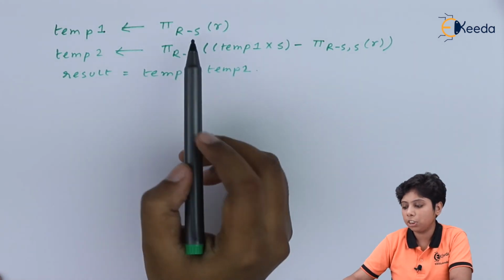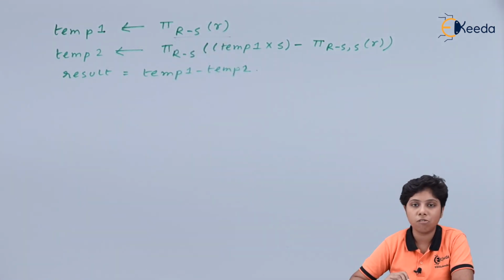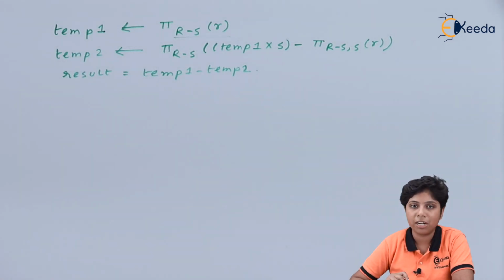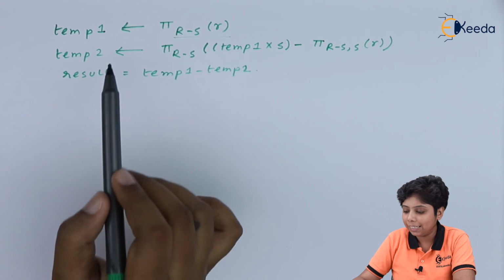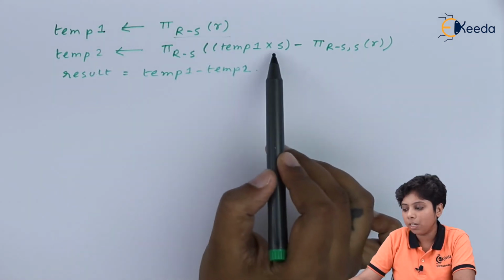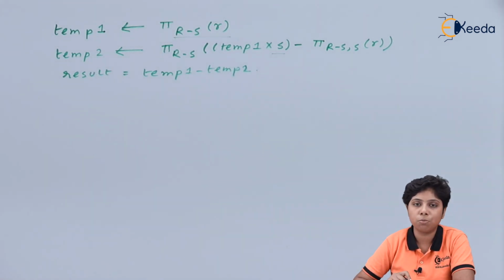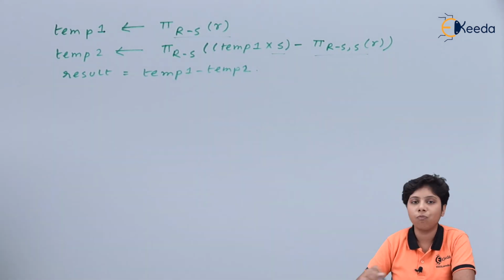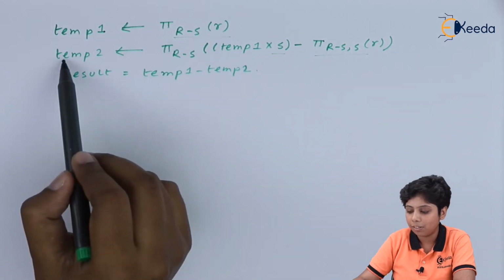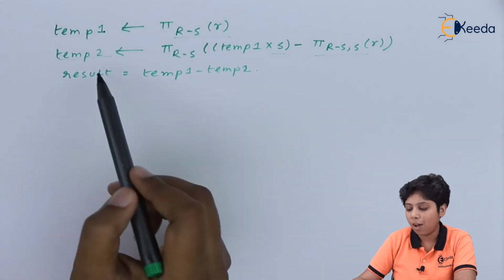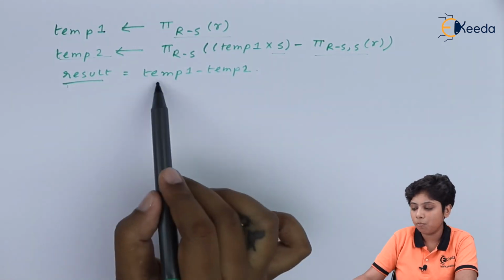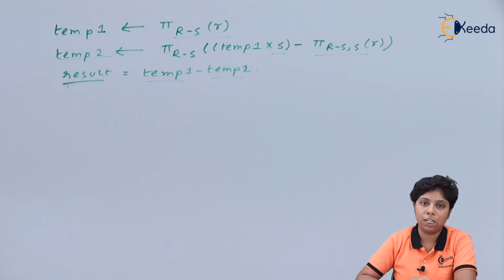So first, the projection operation of the set difference on relation R, we are performing and putting it into a temporary variable temp1, and then using that temp1 with the natural join and Cartesian product with the S relation, and then set differencing it with the common relation of R minus S and S, we are having the result temp2, and finally we are achieving the result by set differencing the temp1 relation and temp2 relation.